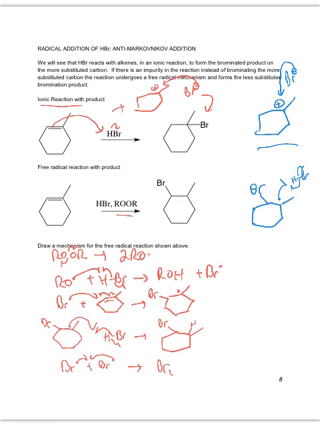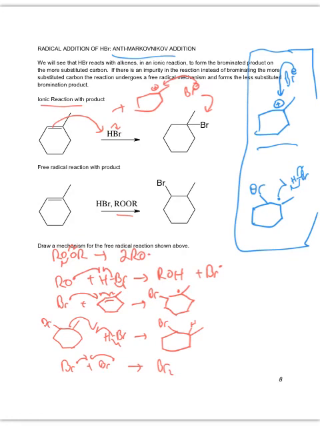So it's all about that intermediate that tells us what can happen, and you don't have to worry about is it Markovnikov or anti-Markovnikov. That's a name I will not say in class, just because it doesn't help out any if you memorize everything.